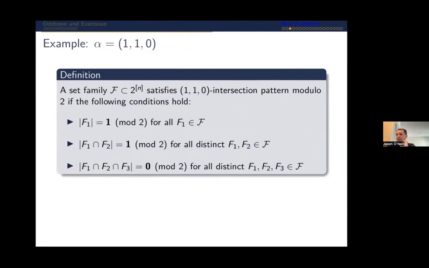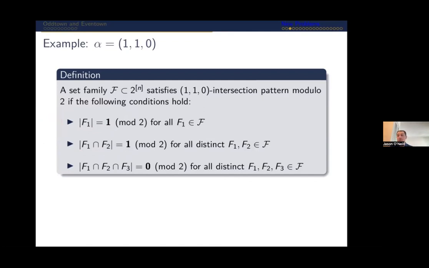But if I look at just the first two conditions, all sets have size 1 mod 2, and all pairwise intersections have size 1 mod 2. So just ignoring that third bullet point, this is the reverse eventown problem, where the answer is 2 to the n over 2. Ignore the floors and minus 1s.